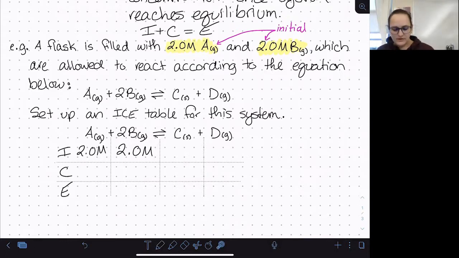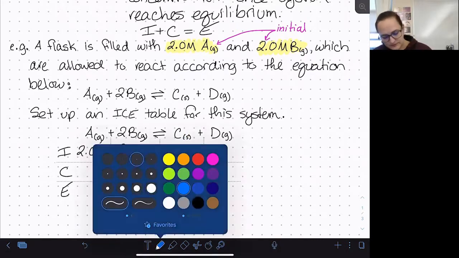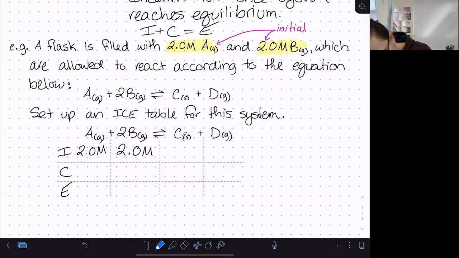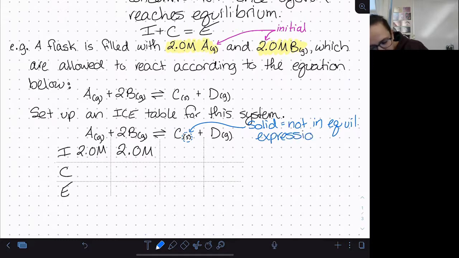Note that C is a solid. Because C is a solid, it is not in our equilibrium expression, which means it's not going to affect our equilibrium. So we can actually ignore it in our ICE table as well.